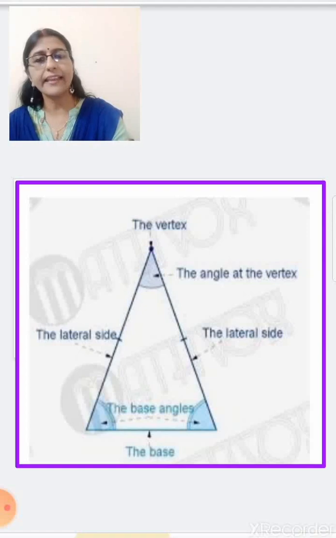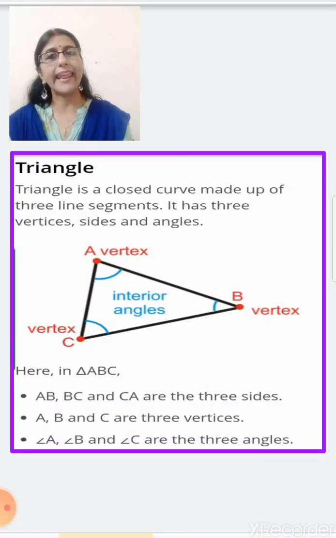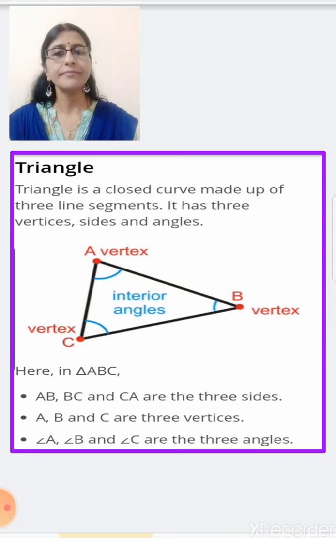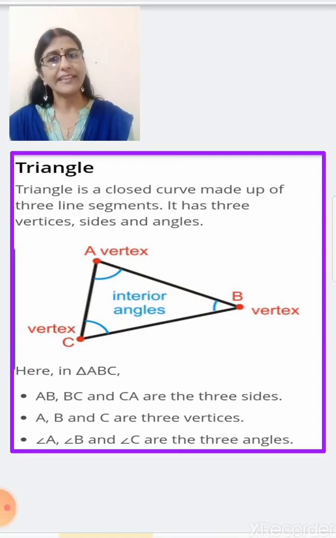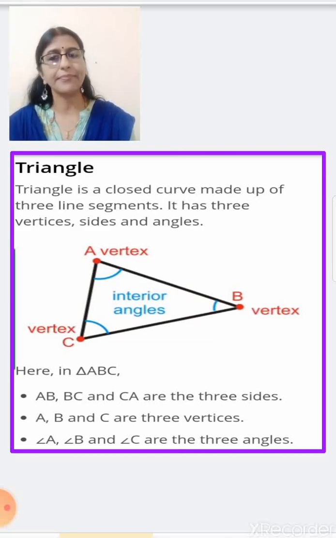Now here you see, this is a triangle ABC. Here there are 3 vertices named vertex A, vertex B and vertex C. And the angles are angle A, angle B and angle C. So these angles can also be named as angle ABC by using 3 letters.